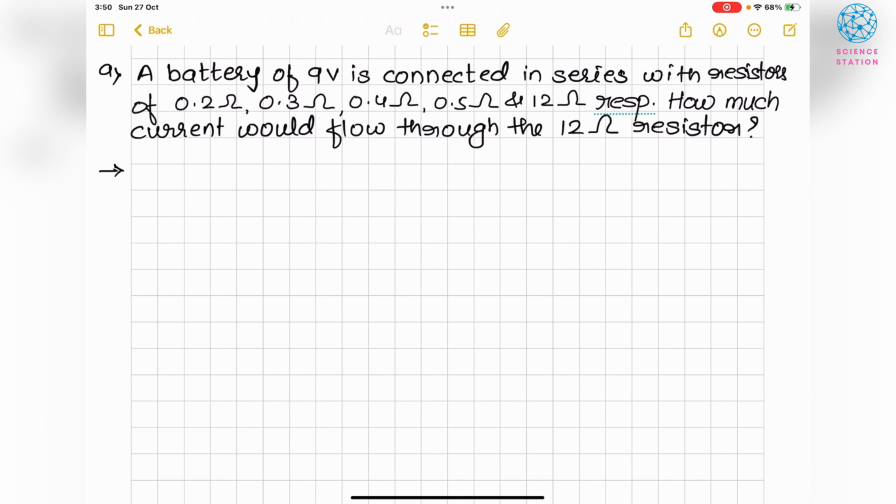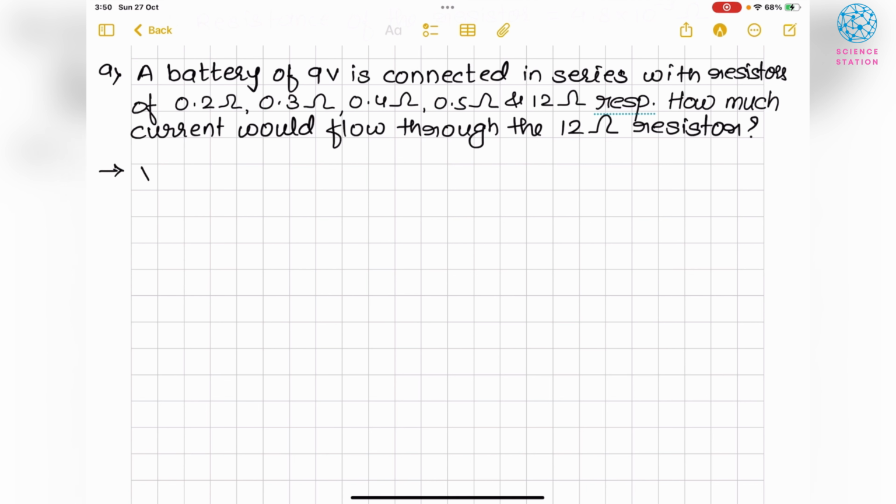Now 9th numerical says a battery of 9 volt is connected in series with resistors of 0.2 ohm, 0.3 ohm, 0.4 ohm, 0.5 ohm and 12 ohm respectively. How much current would flow through the 12 ohm resistor?